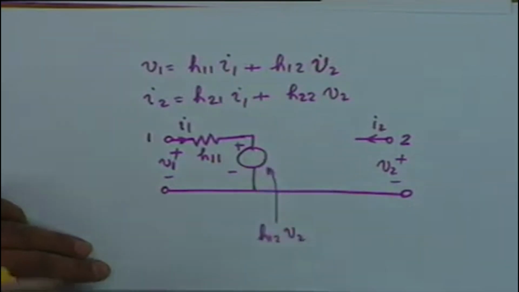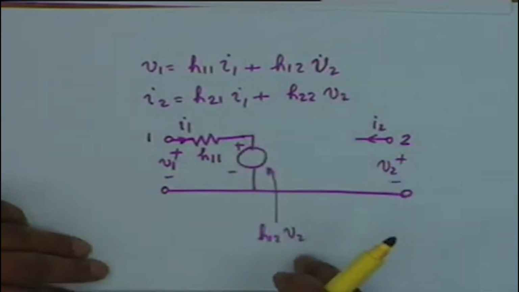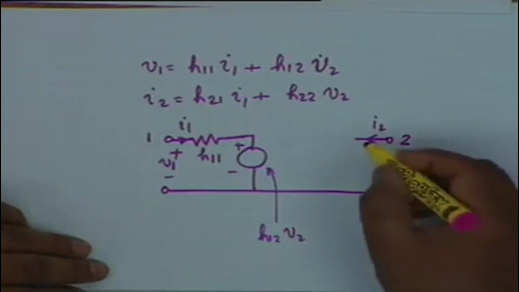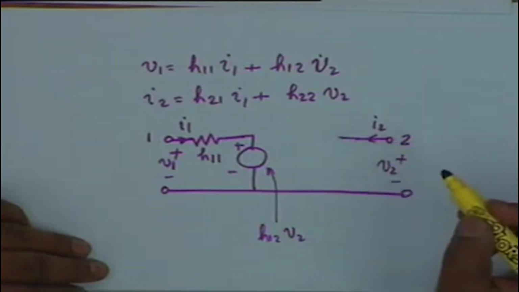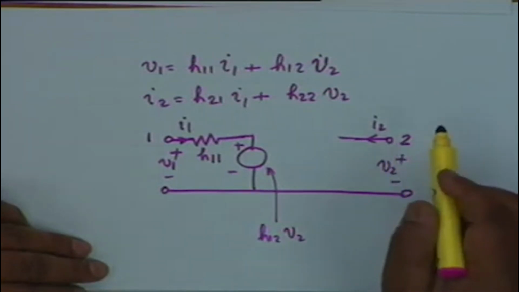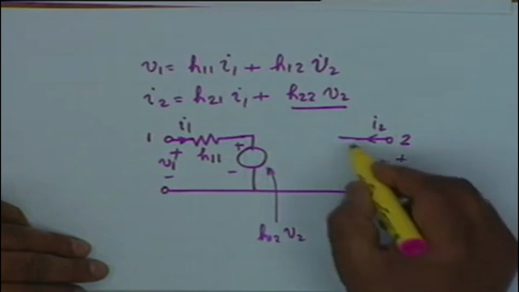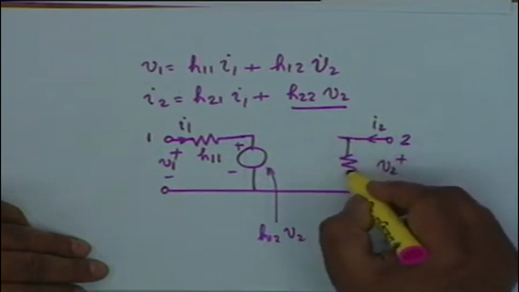What would you call this voltage generator? It is a dependent generator. Its voltage depends on V2 and therefore this is a controlled source or dependent voltage source. In a similar manner, I2 has 2 components. One is H22 V2, which means that I2 has 2 components.